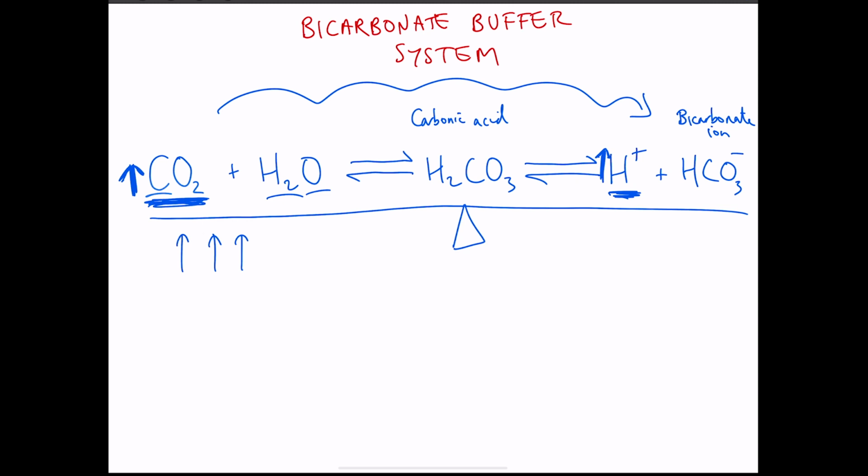But the great thing is hydrogen can bind to bicarbonate and this side can raise up and roll back in this direction and produce more carbon dioxide. What do you do with carbon dioxide? You breathe it out. You blow it out. Brilliant.